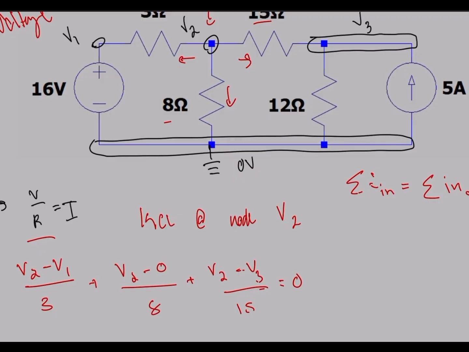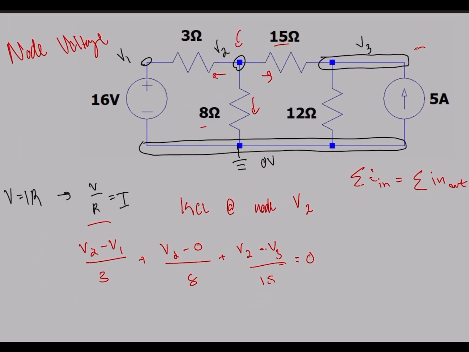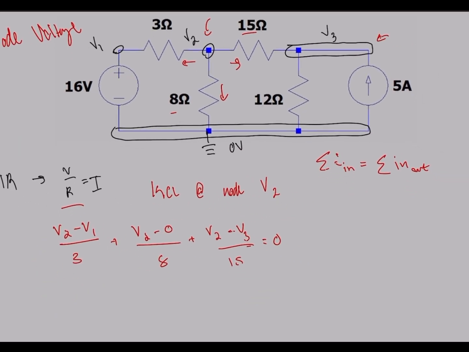We can also do it at node V3 up here. Now here we can see that we have an independent current source. Because of that, we'll be able to use it as one of our currents.